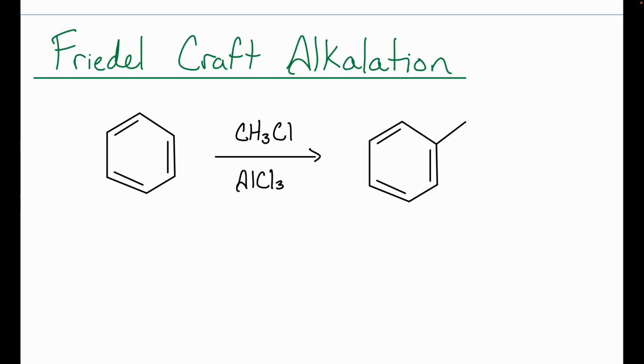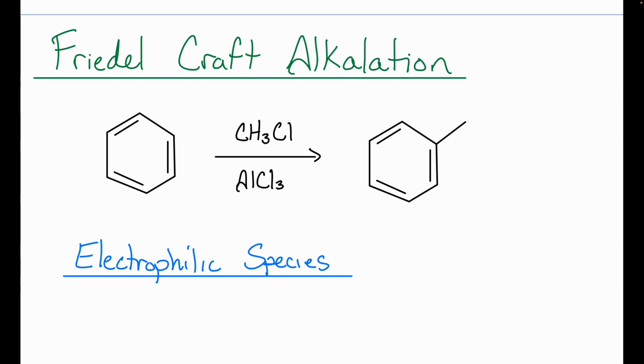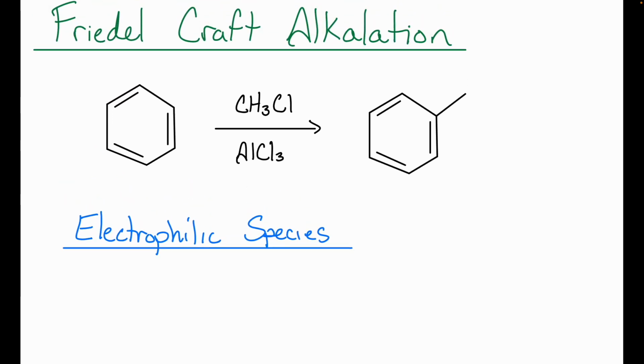What the aluminum chloride does is it literally plucks off this chloro group from that methane, leaving us with our carbocation intermediate, so our electrophilic species. For our Friedel-Crafts alkylation reactions, our carbocations.